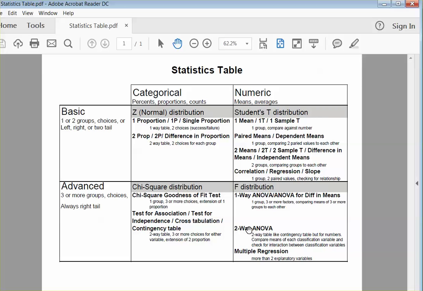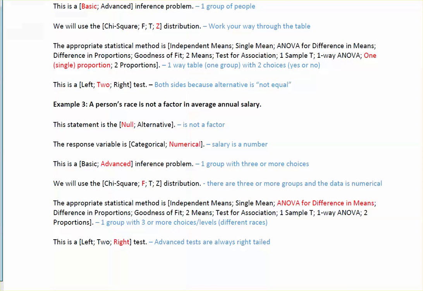Well, this one you would have multiple choices from multiple different options, but for this one, we just have one group with 3 or more factors, and we're comparing the groups to each other. So it is the one-way ANOVA, difference in means. And is it a left, right, or 2? Well, it is right, and that's because advanced tests are always right-tailed.